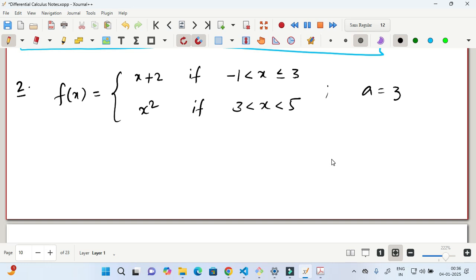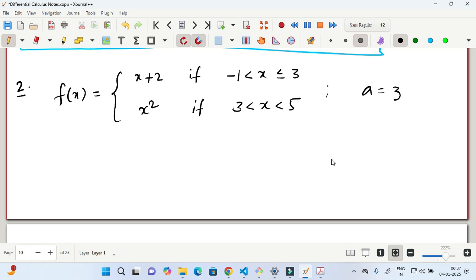So if I ask what is the value of f of x for x less than 3, which function will you select, x plus 2 or x square? You have to select x plus 2 for x less than 3. And if x is little greater than 3, that is 3 plus, and 3 minus means little less than 3. So if x is tending to 3 plus, we have to select x square.